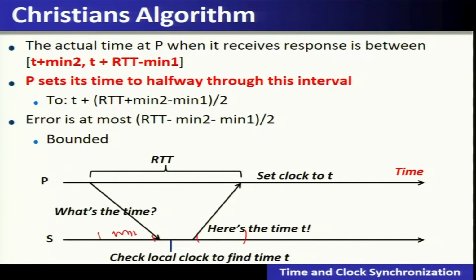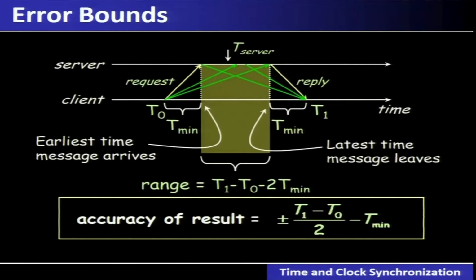So, this is min 1 and this is min 2, and RTT is this one. RTT minus min 1 plus min 2 gives the error, and this is bounded in Christian's algorithm. Here you can also understand the error bound of Christian's algorithm through this particular example.